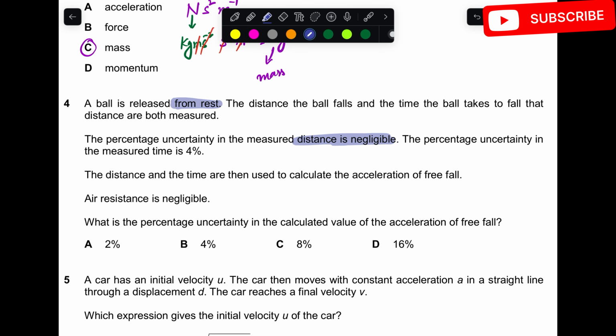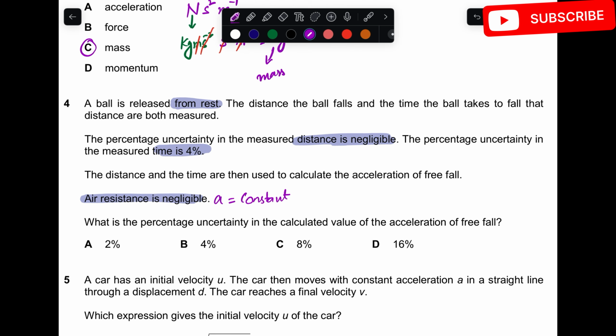The percentage uncertainty in time is given as 4%. The distance and the time are then used to calculate the acceleration. Air resistance is negligible, so if air resistance is negligible, it means acceleration is constant, that is equal to g. What is the percentage uncertainty in the calculated value of the acceleration of free fall?